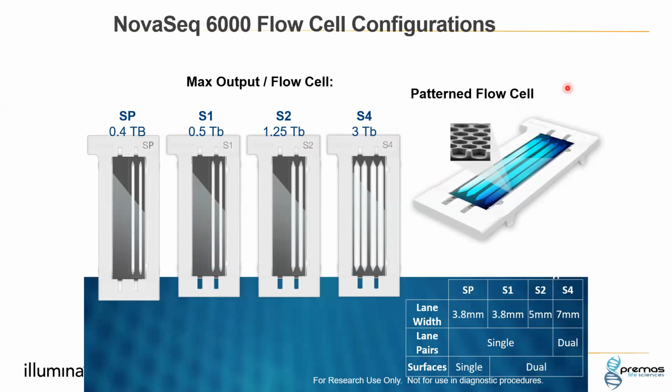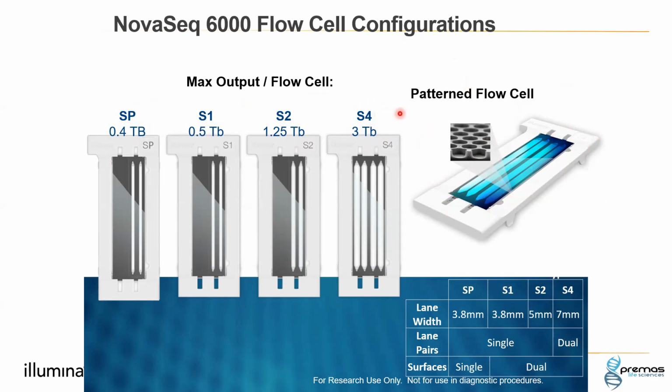The flow cells are basically very high density patterned flow cells. An S4 flow cell offers you 3 TB, and two of these flow cells can go in a single run. Basically, NovaSeq can hold two flow cells, and they can be run independently.